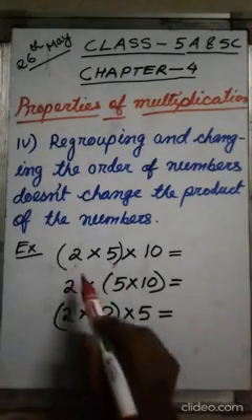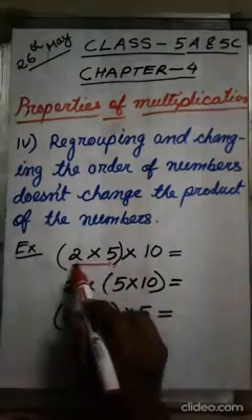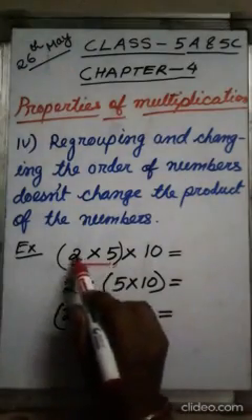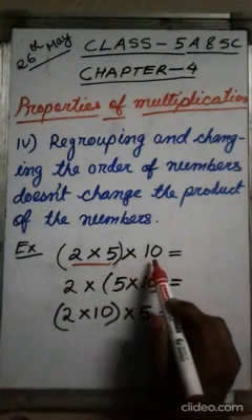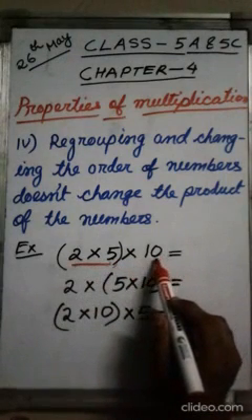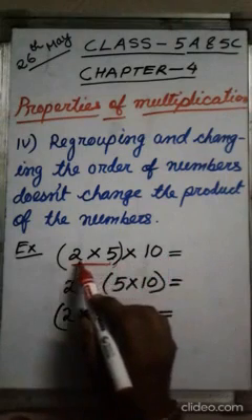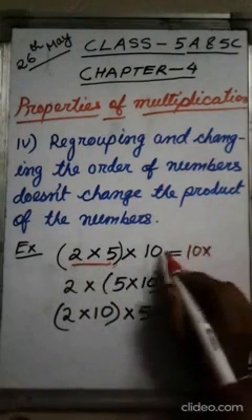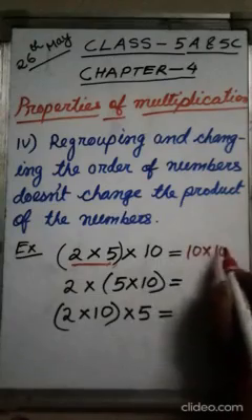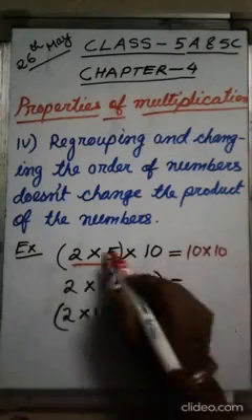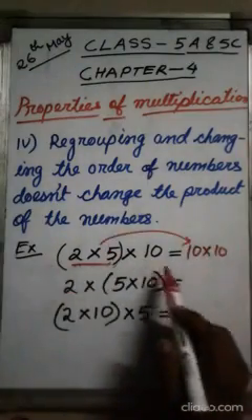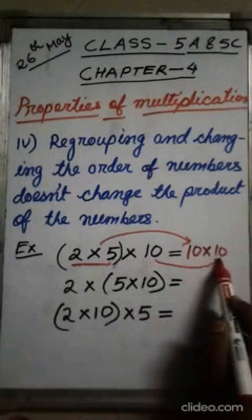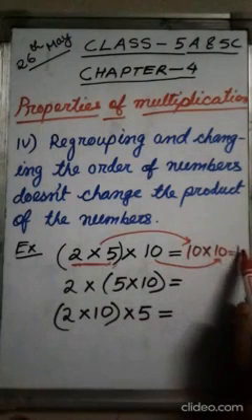We have made a group of 2 and 5. Then we shall multiply it by 10. 2 into 5 is 10. 10 into 10 is 100.